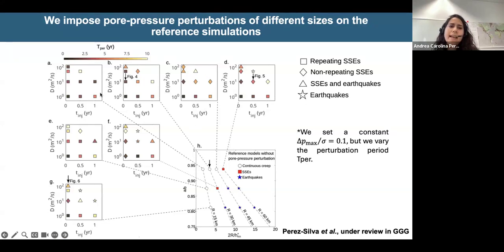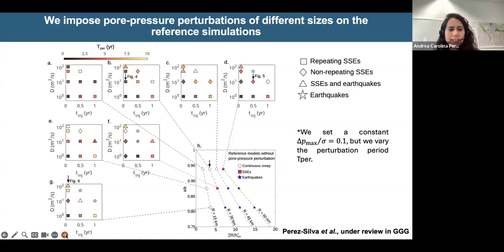We changed the hydraulic diffusivity and the injection time to generate perturbations of different sizes, and we imposed them on these simulations as shown in this diagram. After imposing these perturbations, we then classify the slip behavior as you can see here: repeating SSEs, non-repeating SSEs, SSEs and earthquakes, and also only earthquakes.